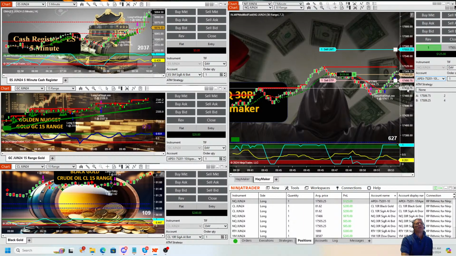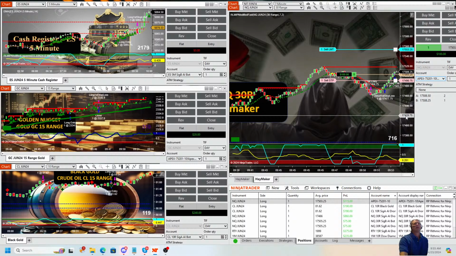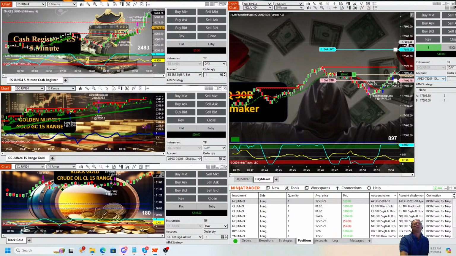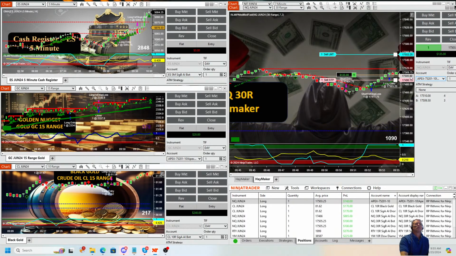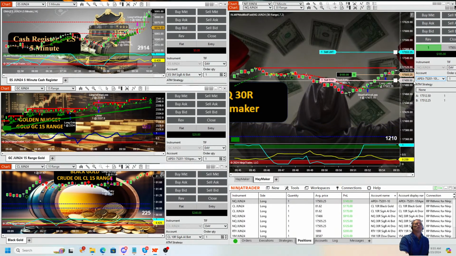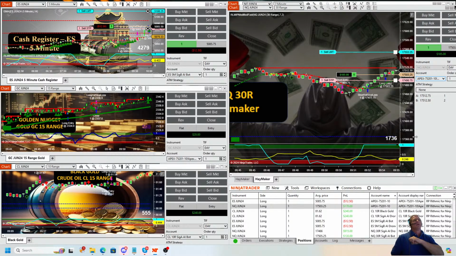We get through that area of resistance, could be a really nice trade. Let's see what happens. Got a little turbulence coming. Let's see if we can push through.